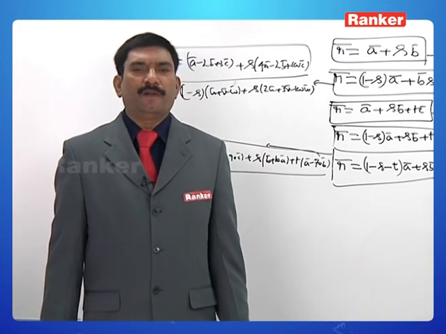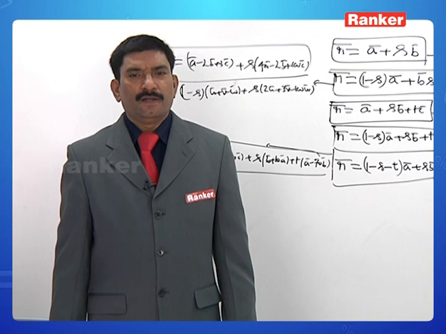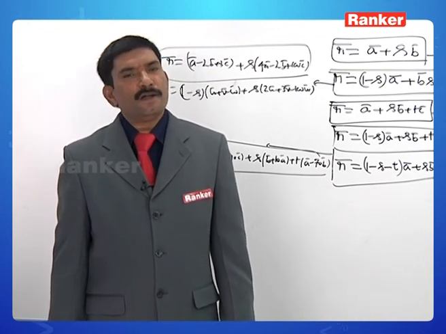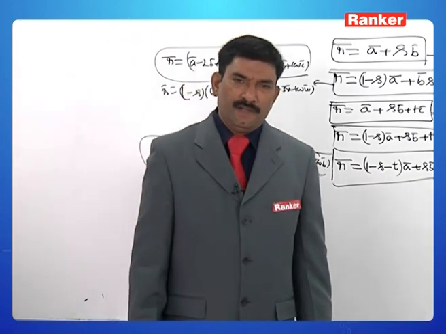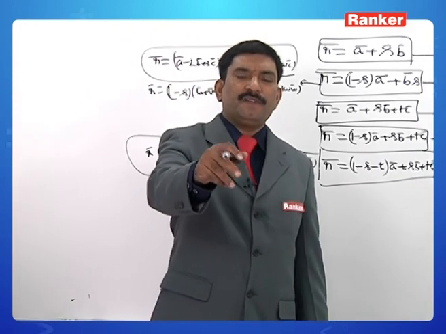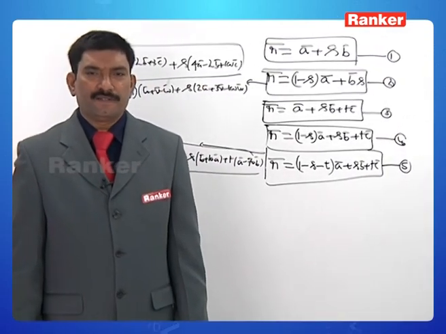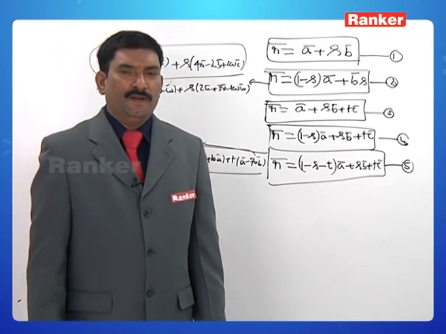Remember, identifying the vector equations as a plane or a line does not depend upon the vectors. It purely depends on the presence of scalars, I mean, the number of scalars.